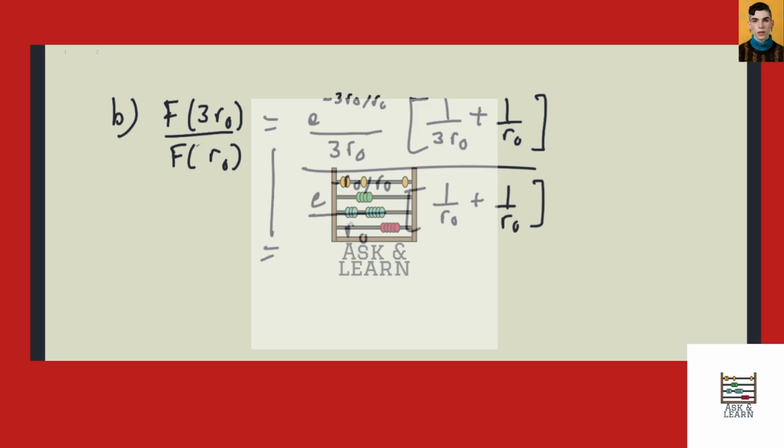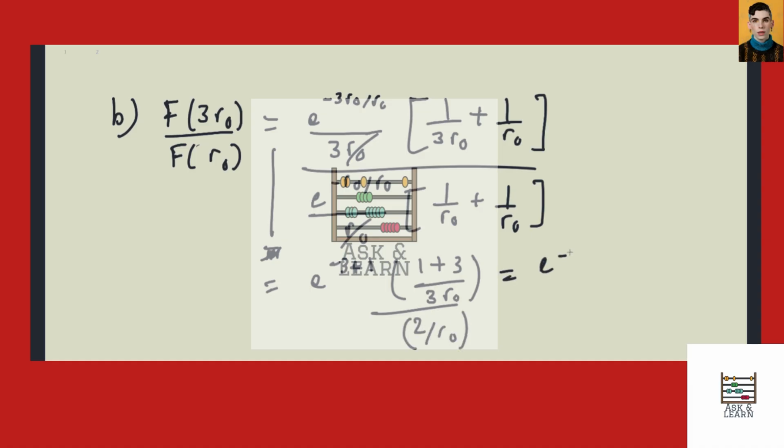Okay, and so the r naughts cancel, and what happens with the e's is that you pull it down lower, you get e to the minus 3 plus 1, times 1 plus 3 over 3 r naught divided by 2 over r naught.